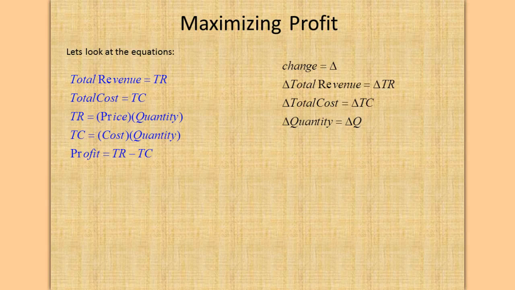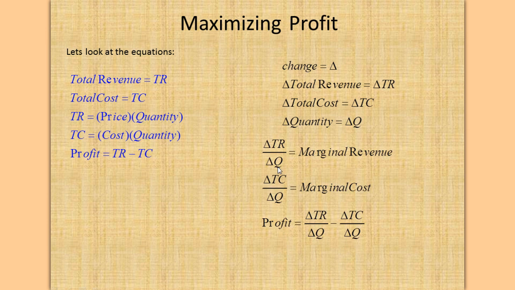Now, I want to throw a little tidbit in here. Let's call change equal delta, that delta symbol right there. So the change in total revenue equals delta TR. Change in total cost equals delta TC. And the change in quantity equals delta Q. So the change in total revenue divided by the change in quantity is equal to your marginal revenue.